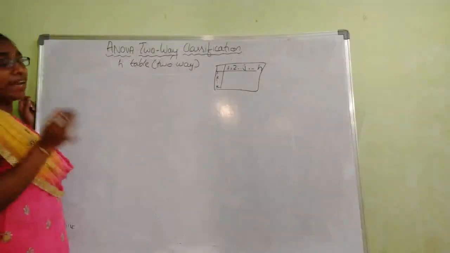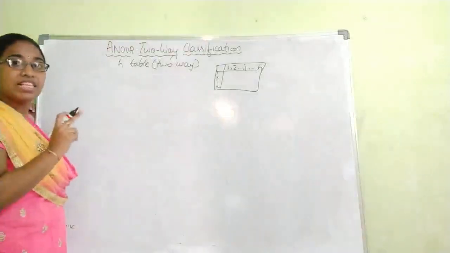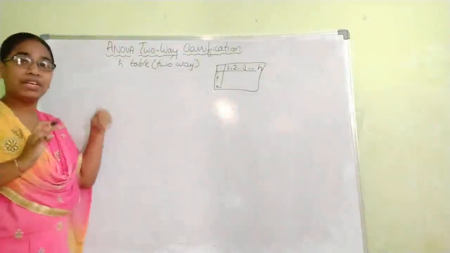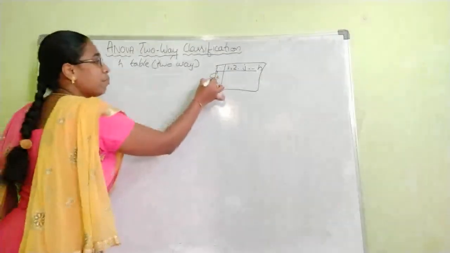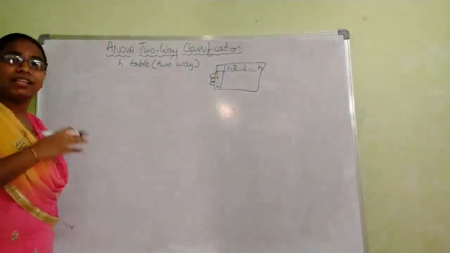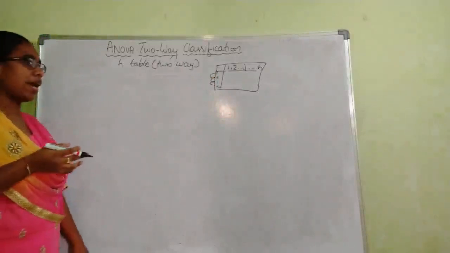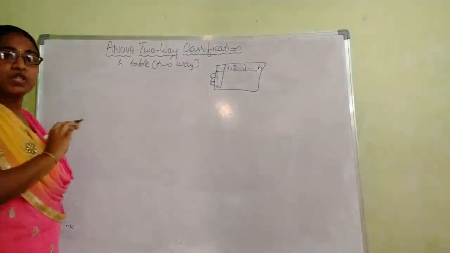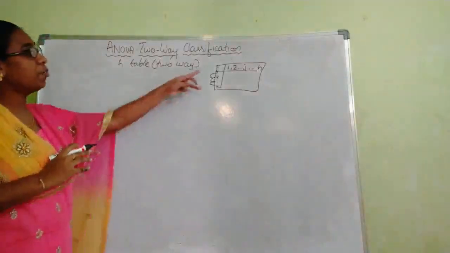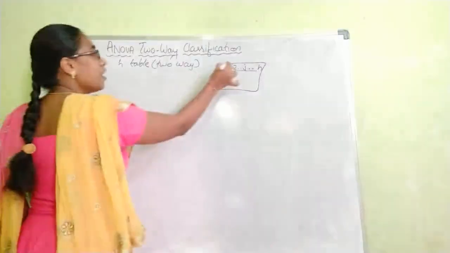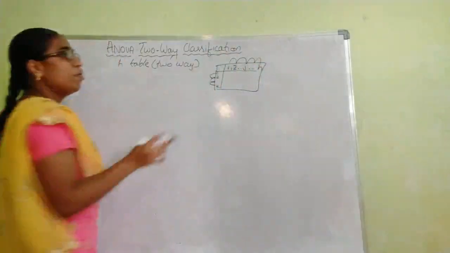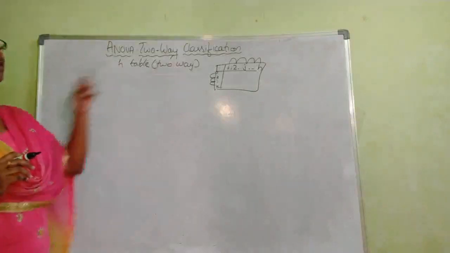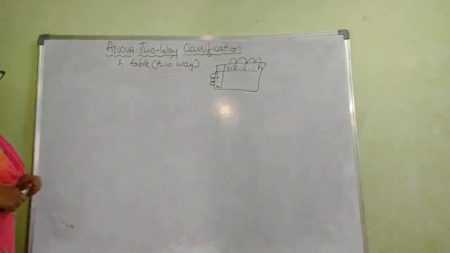In one-way classification, we have only treatment. So there will be a variation between the treatments, that is from one treatment to another treatment, and the random error effect epsilon ij. Here, along with the treatments, we are also having blocks, so there will be some variation in the blocks also. That is nothing but the variation between the varieties.